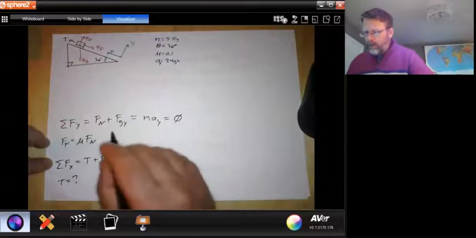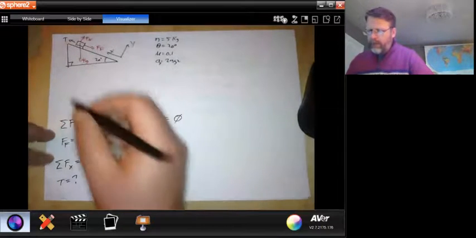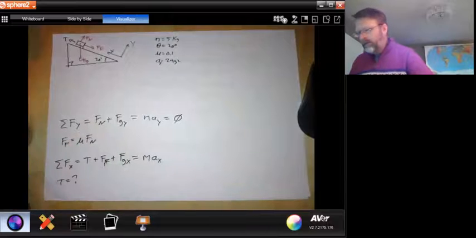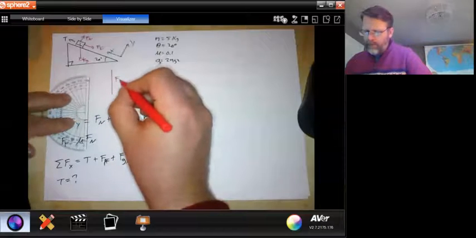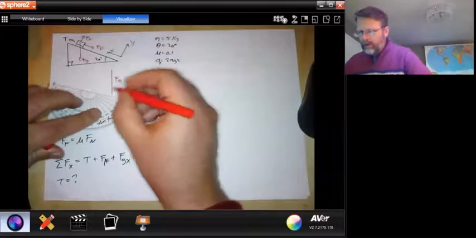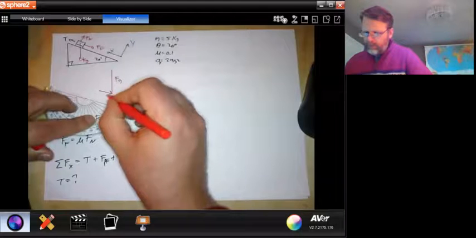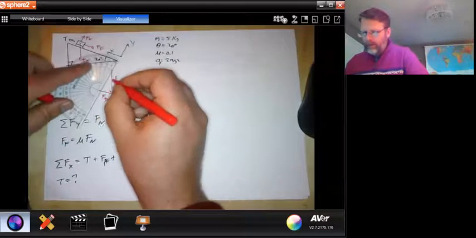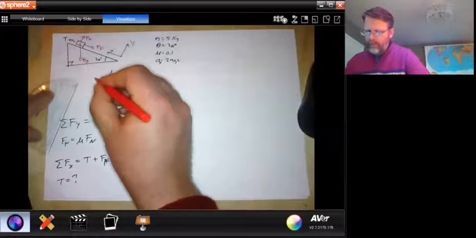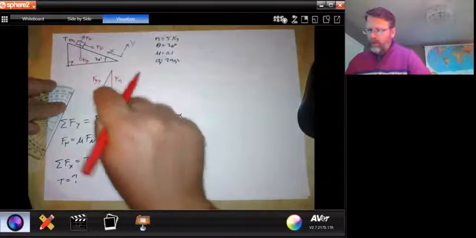One of the facts we're going to have to use here is that triangle we were talking about. We had our force of gravity, and some of it is going to be in the x, and some of it in the y. So we have to resolve those two.